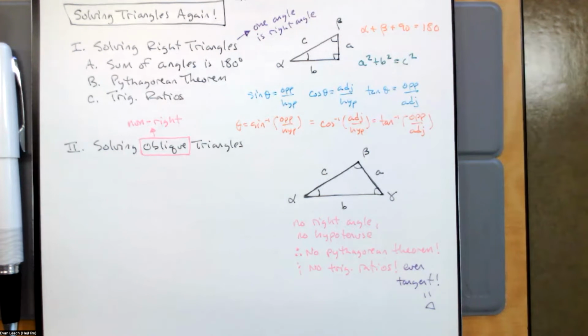Even though tangent doesn't say hypotenuse, we can't look at the 2 sides and say, well, which one is adjacent? Opposite is fine. If you have an angle, there's just one side opposite, but now these 2 sides, one of them is not a hypotenuse. So which one is the adjacent? The answer is neither one of them.